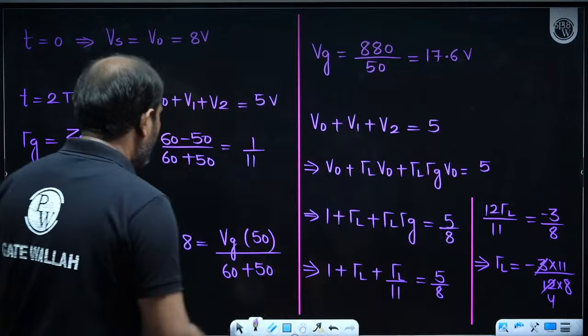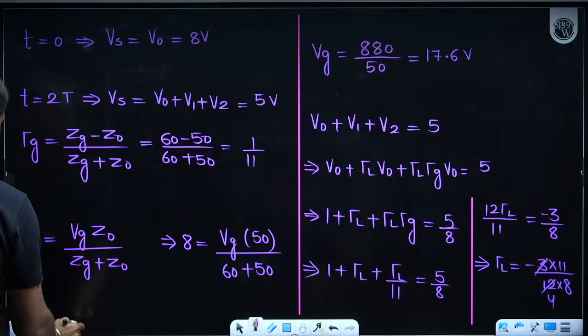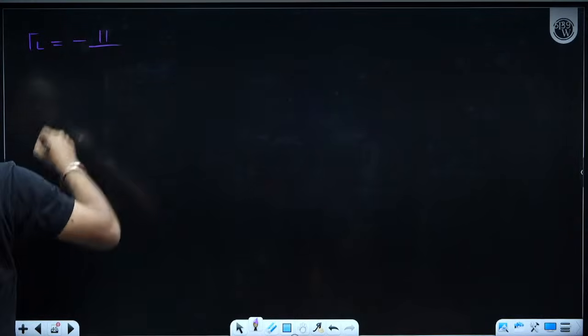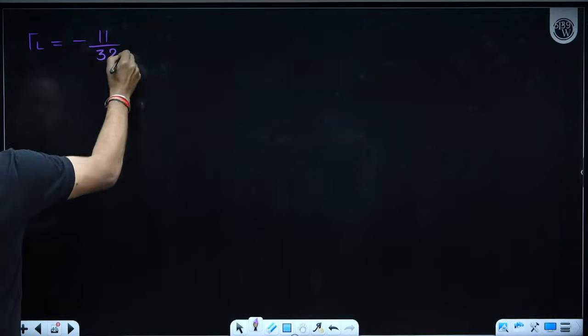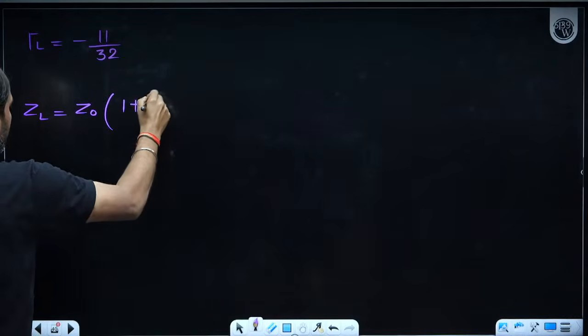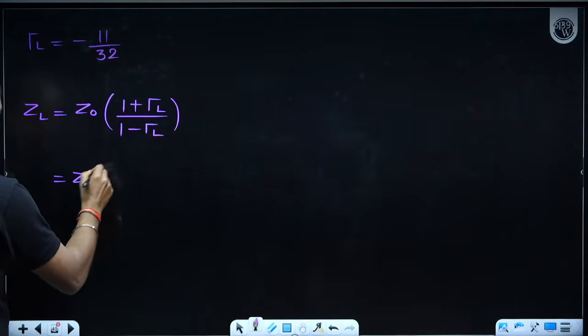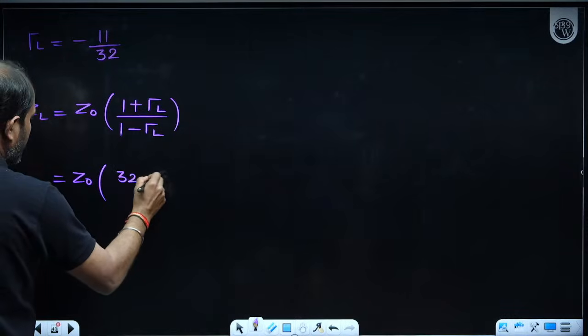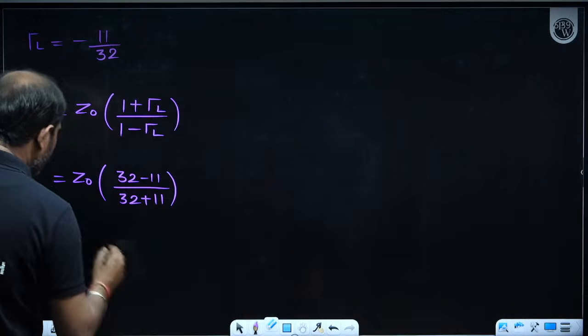So gamma L we have calculated. Gamma L is equal to minus 11 divided by 32. So ZL is equal to Z0 (1 plus gamma L) over (1 minus gamma L), which is Z0 times (32 minus 11) over (32 plus 11).